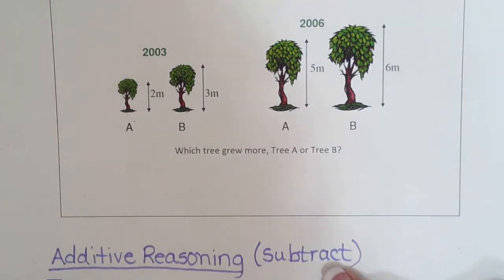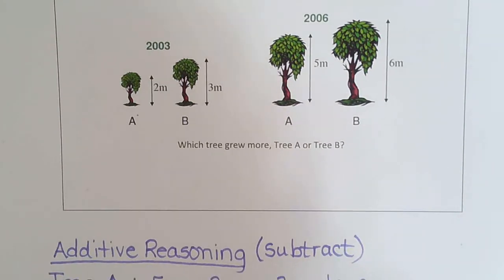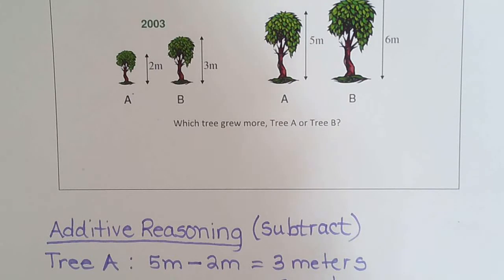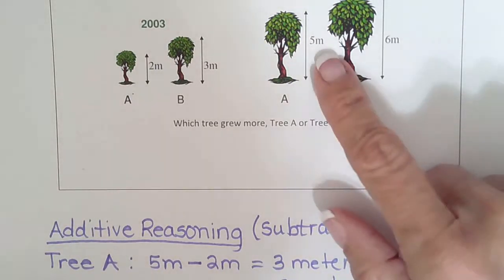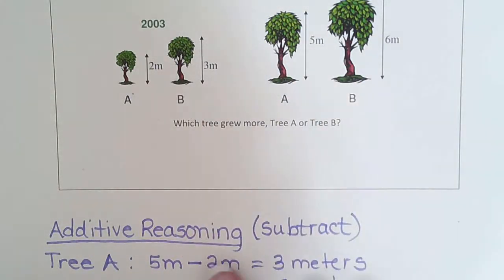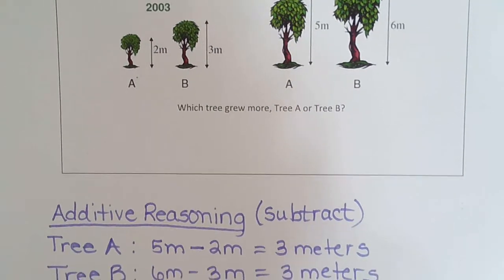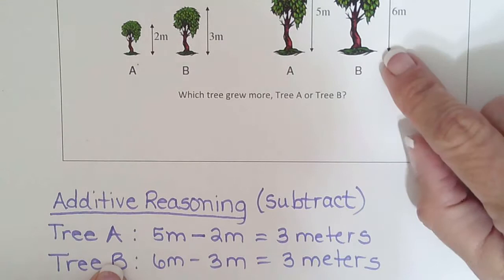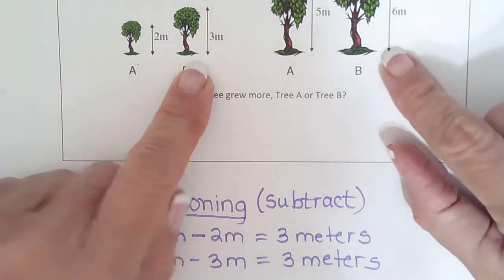For additive reasoning, we use subtraction. To find how much tree A grew, we do 5 meters minus 2 meters, and we can see it grew 3 meters. Then we repeat the same procedure with tree B. It was 3 meters and grew to 6.